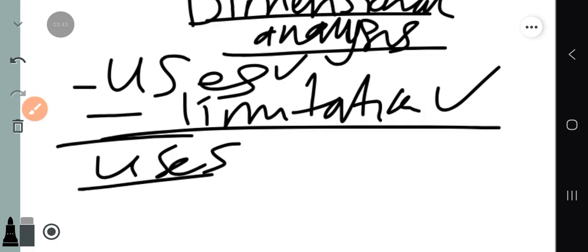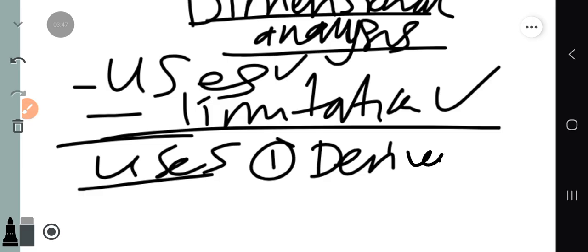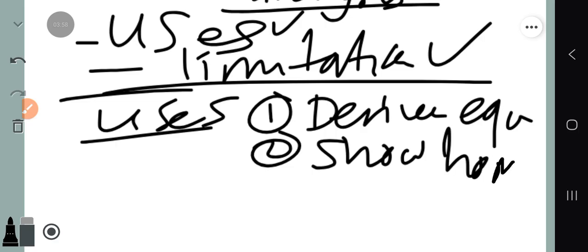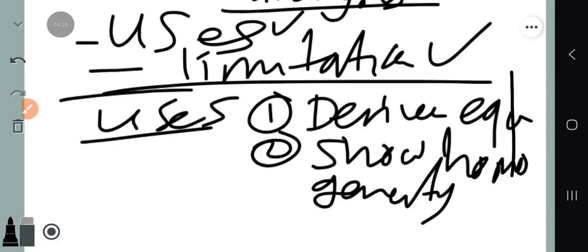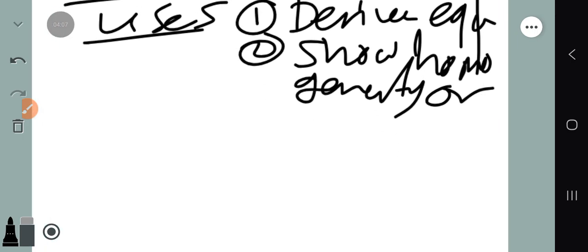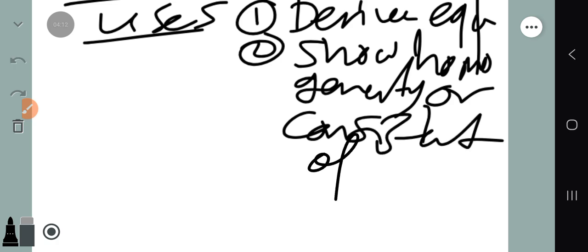of dimension analysis, I love to talk about number one, they are used to derive equations, right? Number two, dimensional analysis is used to show homogeneity or consistency of equations, right?